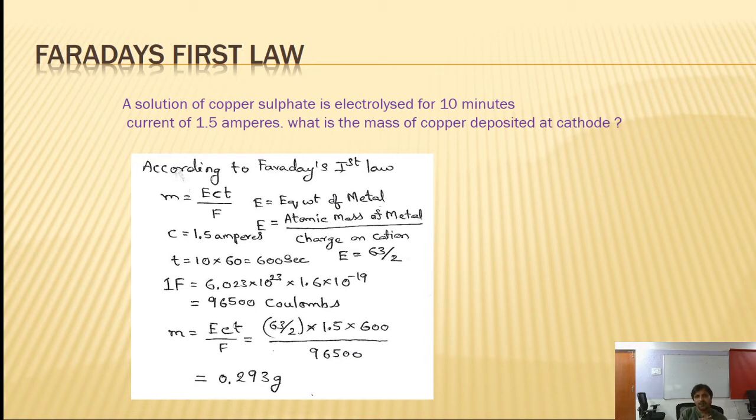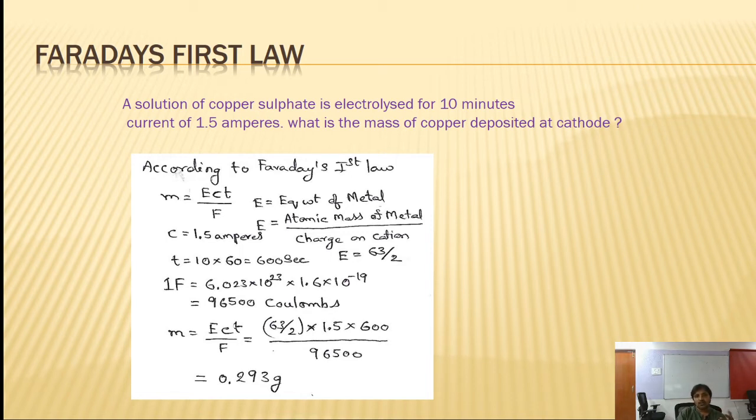According to Faraday's first law, we know that M is equal to E C T by F, where F is nothing but 1 Faraday. 1 Faraday is the charge carried by 1 mole of electrons. In 1 mole, the Avogadro number of electrons is present.